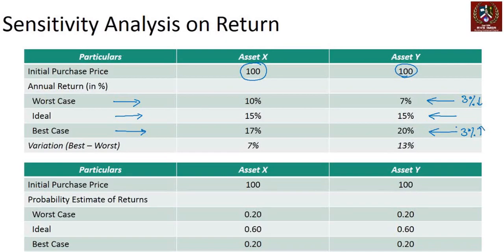What are the chances of these? So the worst case probability in both the cases is 20%. Ideal case is 60%, sorry, and best case is 20%. Can I calculate the return?